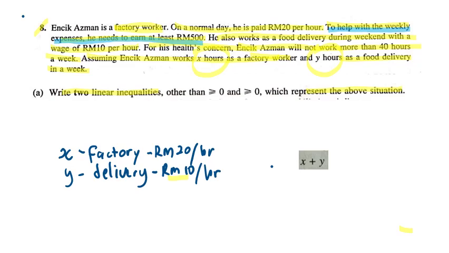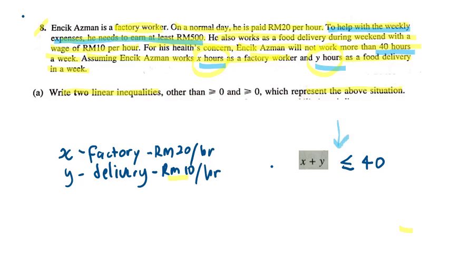This is for health concern. x is the hours, y is also hours. The clue is 40 hours, so x plus y must be less than or equal to 40, for health concern. He will not work more than 40, so less than or equal.